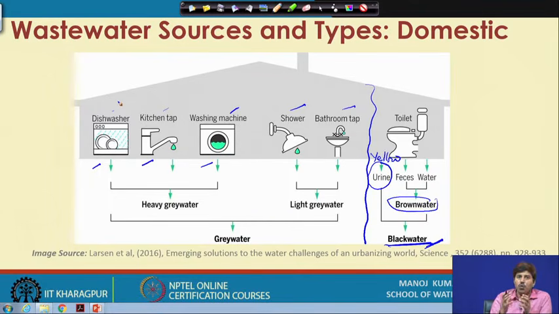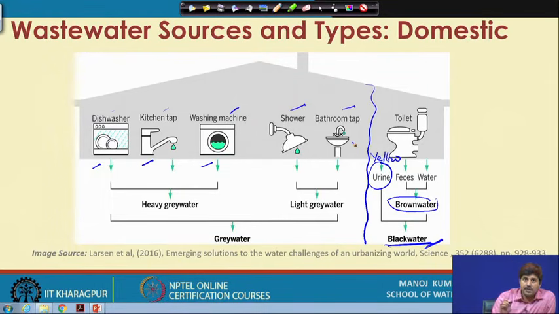So, the added pollution in the form of soap is just little, nothing else. That kind of water is light grey water. The water coming from the bathroom taps is also light grey water, because when we wash hands, a lot of water is flushed and not many pollutants are added.